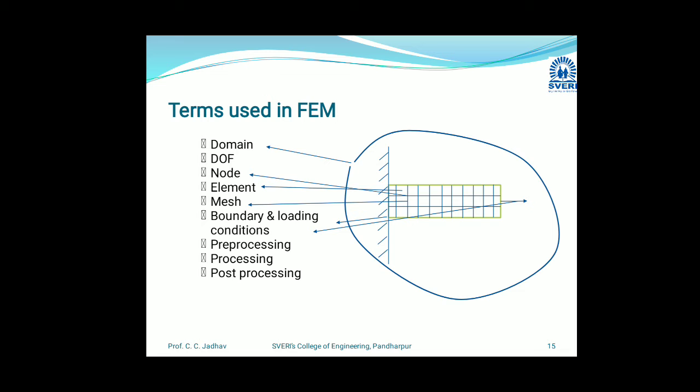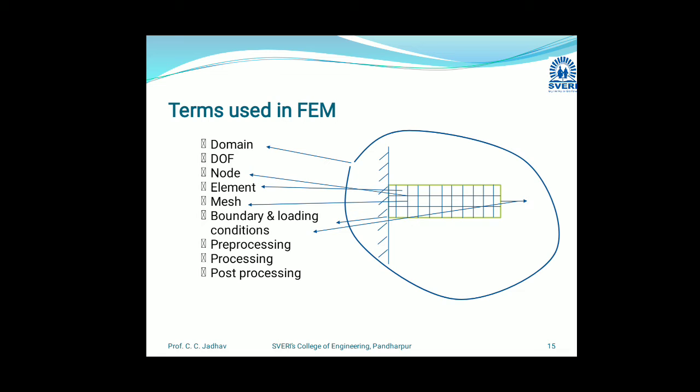The next terms are boundary and loading conditions. For analysis, for any structure, it is mandatory to fix the structure to a support and to apply some required parameters. This is known as a boundary condition. Now you can observe in this problem we fix the bar at one side and apply some load on the other free end.